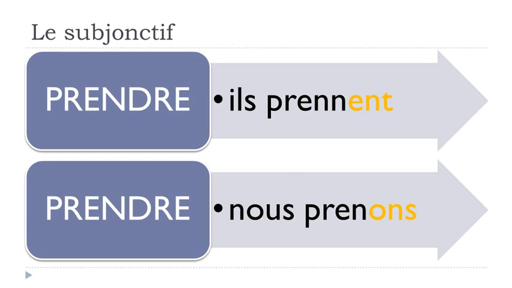We can spot first the ending, because we know that ENT is the ending for ils, and ONS is the ending for nous, and of course what we'll do is take them away. We'll put the endings away and keep only the first part here and the first part here.